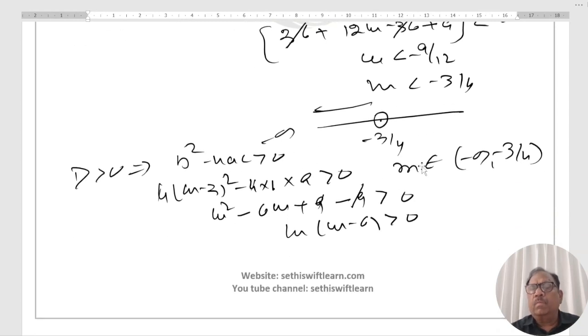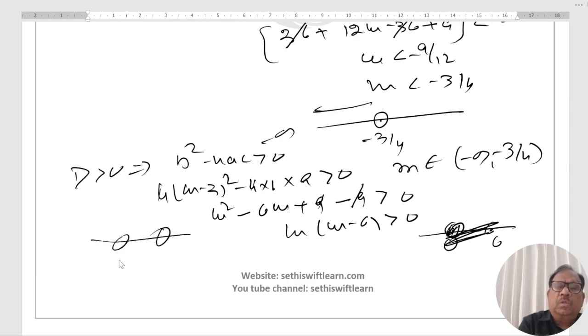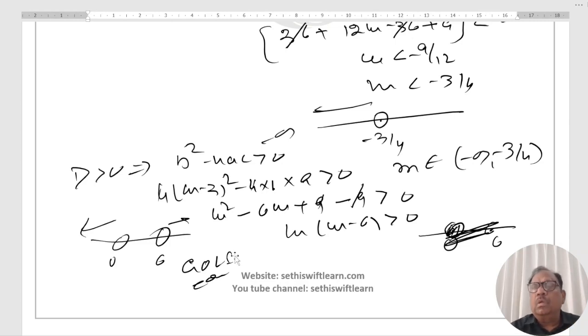So this m is 0, 6. One is this, one is, so this is open interval. This is 0, 6, according to body concept. Okay. Now conclusion.